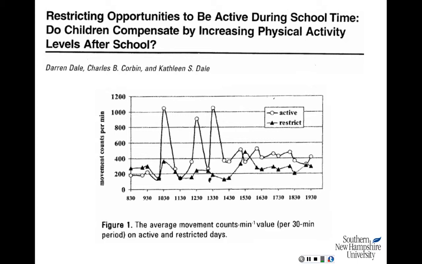They couldn't go out to recess. They didn't have PE that day. They had to eat their lunch and then stay inside. They couldn't go out onto the school playground. Really what the researchers wanted to see was whether the kids made up for that lack of activity during the day by being more active at the end of the day, after school.